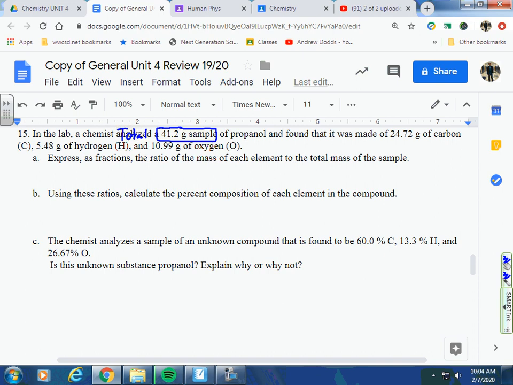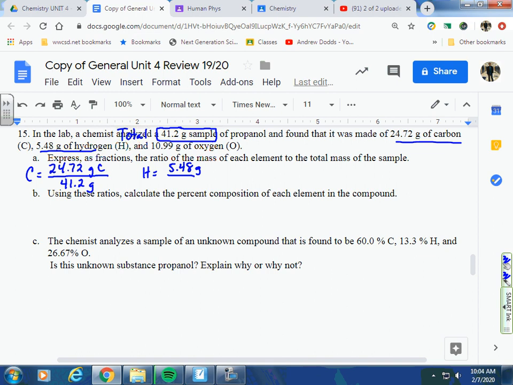So if I want to do fractions for each part, we've got 24.72 grams of carbon. So I would do 24.72 grams of carbon over 41.2 grams. So that would be for carbon. The hydrogen is going to be 5.48 grams, because that's that part.